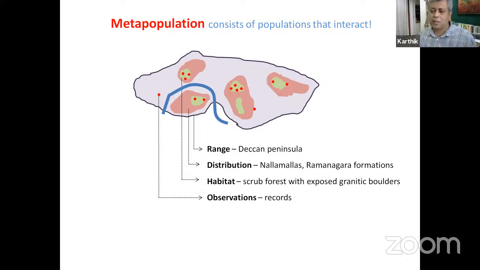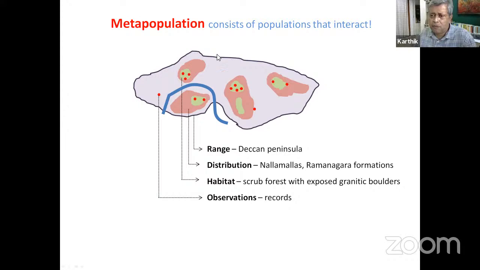Now, in this diagram, I've explained how observations in an area like, say, the Deccan, which is given in this geometric space that I have given as the boundary in black, and then you have a shaded area within it, which signifies the distribution of the species, right?